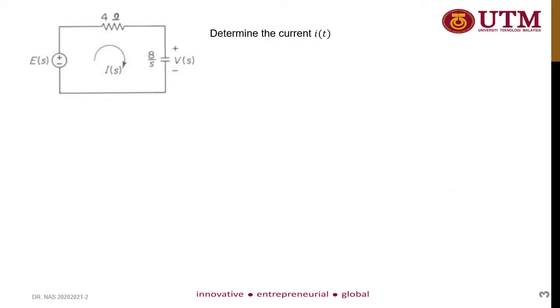So from the S equivalent circuit that we have developed earlier, here E(s) is 20 over S, and then I(s), this is 1 over SC, and then R stays as it is. In order to solve this, we know that E(s) equal to I(s) multiplied with the total impedance. Therefore, your I(s) equal to E(s) divided by Z(s).